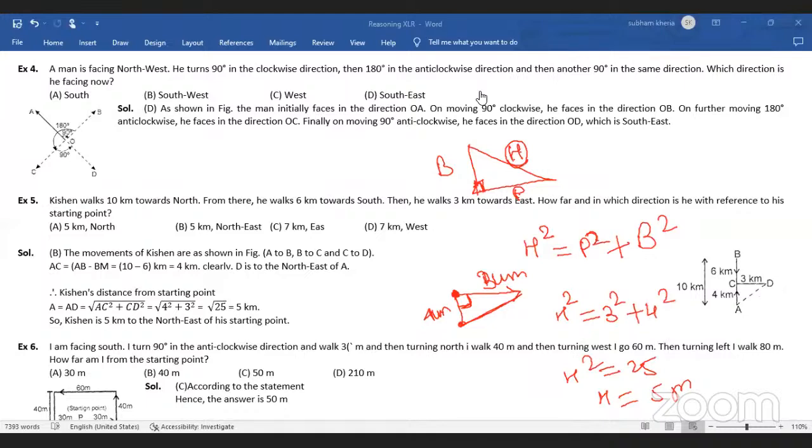Very easy. Does anyone have any doubt? Tell me, does anyone have any doubt? Yes guys. No, sir, it's clear.